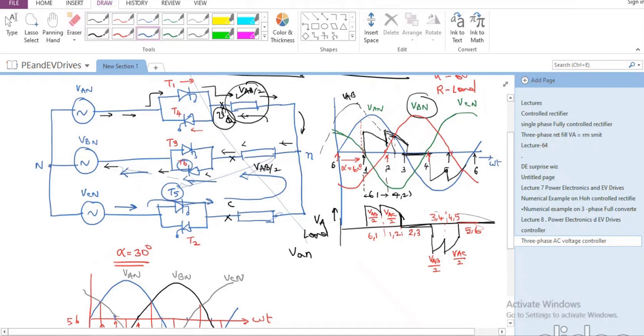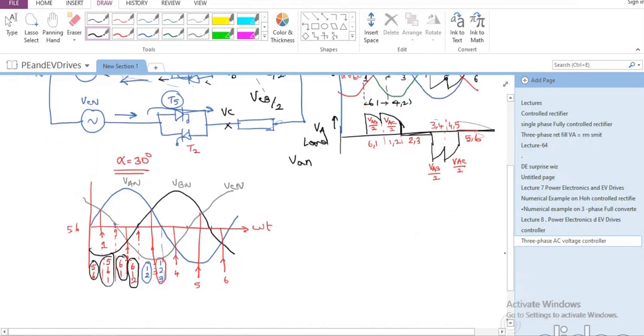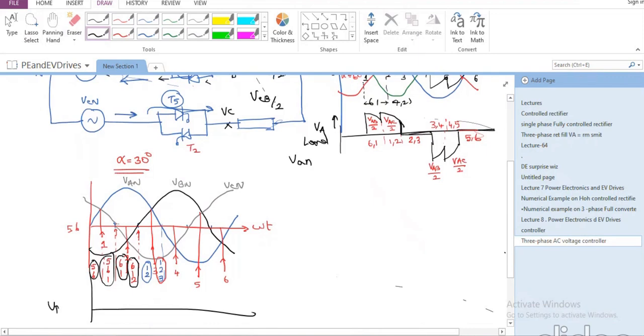So if I try to look at it, this is VC and this is going to be VB. So VCB divided by 2 will appear here. Again, VCB divided by 2 will appear here when 5 and 6 are conducting. So the load voltage will be VCB by 2. Maybe it will be somewhat like this. This is VCB by 2.